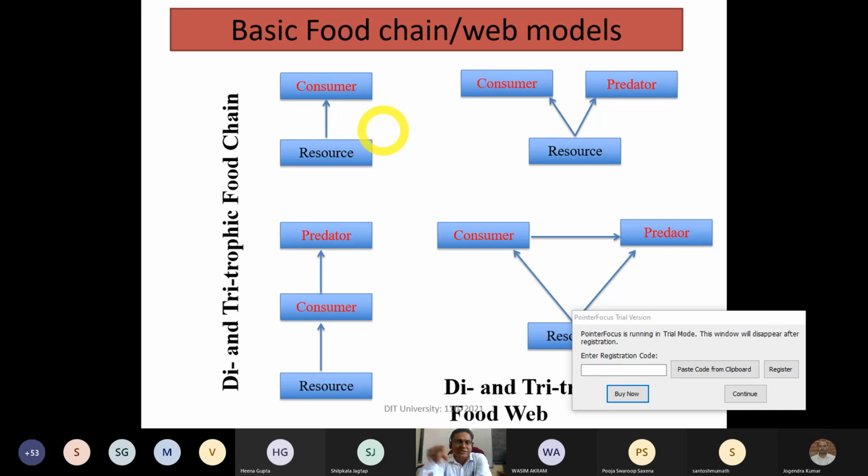The best example I will show you very quickly is the Lotka-Volterra model, with one prey and one predator, and then you will see how the neutral oscillations come out. But as you increase from ditrophic to tritrophic, that means from two trophic levels to three trophic levels, the whole dynamics will change, and you will understand how it will change.